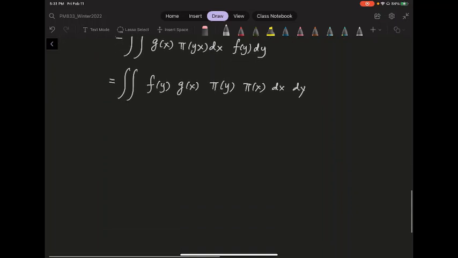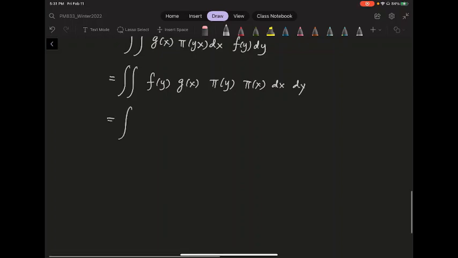Here the pi x and pi y don't commute, but you can move them between f and g, because f and g are just scalars. So you write it as the integral of f of y pi of y, and then the integral of g of x pi of x, with dx and dy.